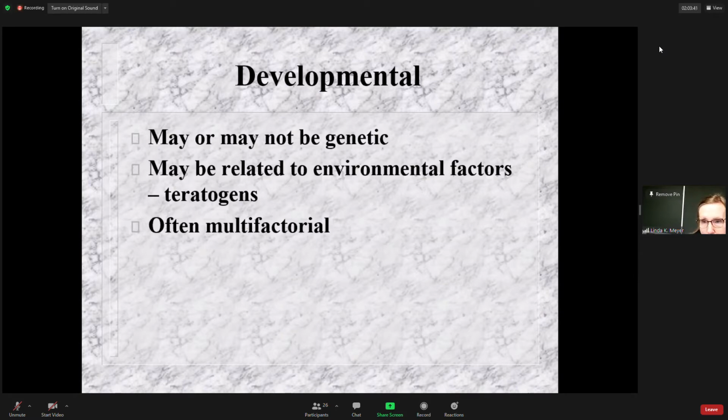There are even some conditions that tend to run in families, so they have a familial tendency, but a specific gene has not been identified as causing it. Okay, so genetic, I just want to emphasize, is disturbances involving genes or chromosomes.